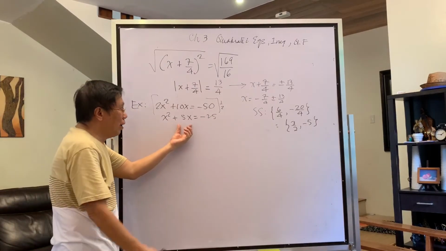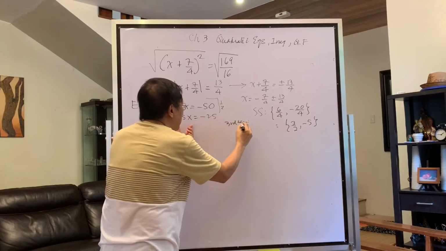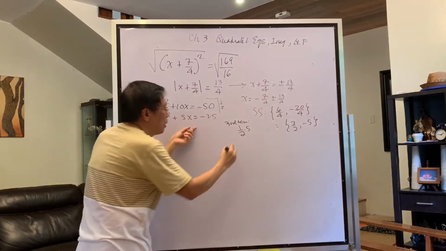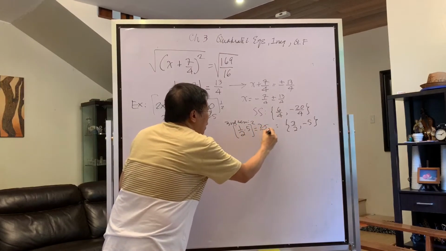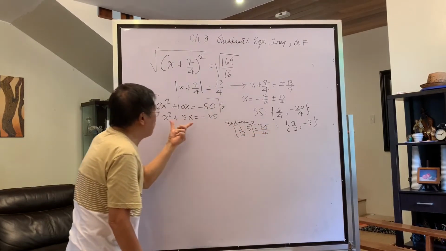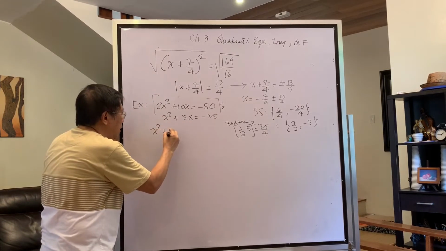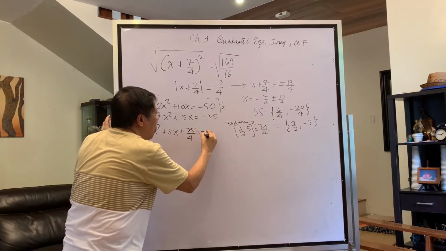And on the left hand side, our third term will be 1/2 times the coefficient of the linear term, squared. That, we get 25 over 4. We add this third term to both sides of the equation to obtain this form.